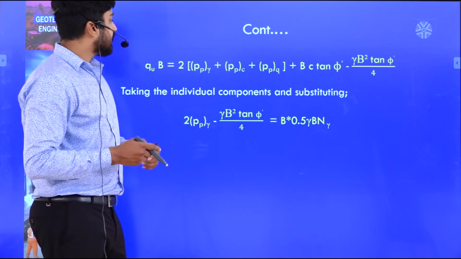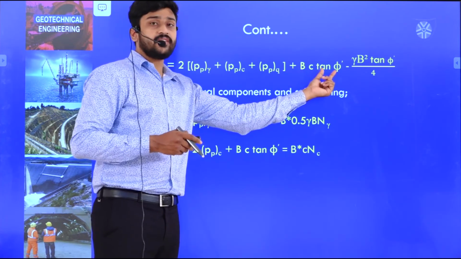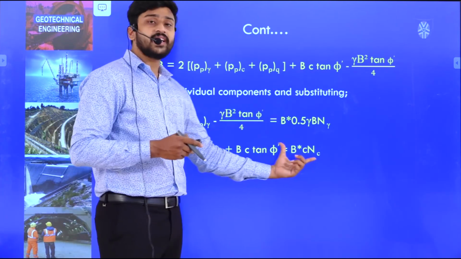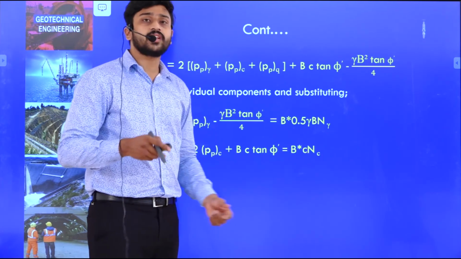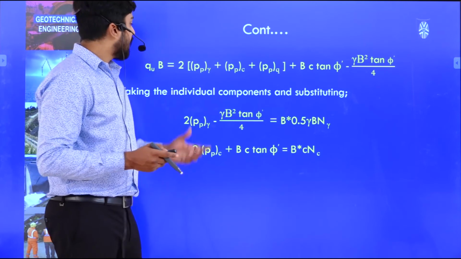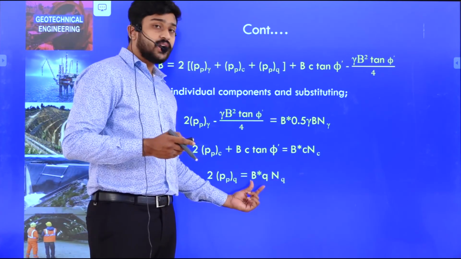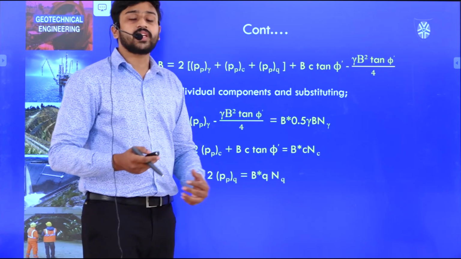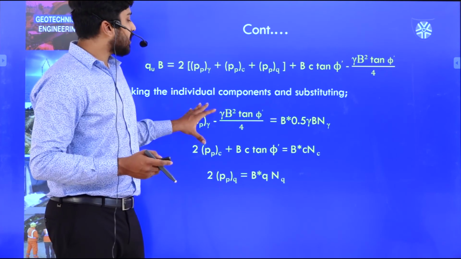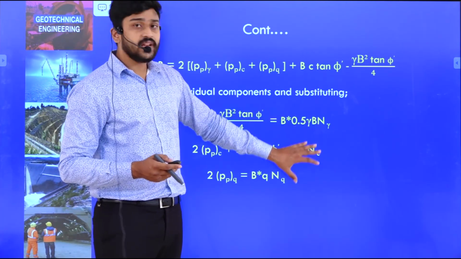Similarly, he considered 2 Pp c plus B c tan phi dash as another entity, and represented this as B dash into c Nc, where Nc is another bearing capacity factor. Similarly, he considered 2 Pp q as B into q Nq, where Nq is another bearing capacity factor. In this manner he represented these with bearing capacity factors.